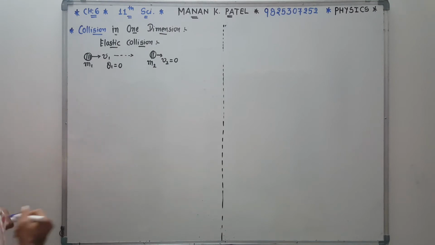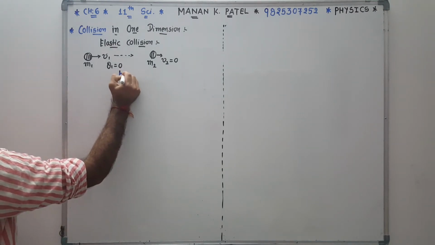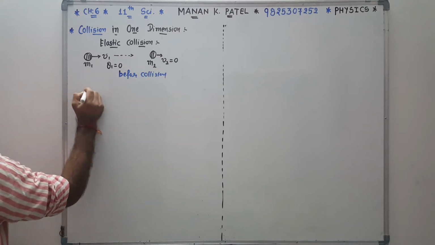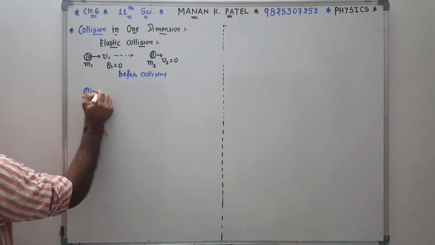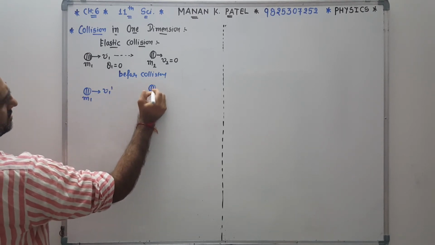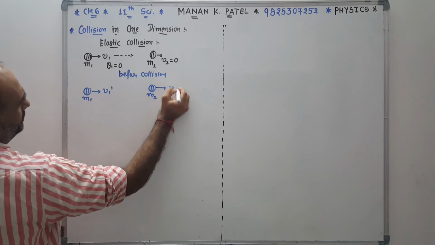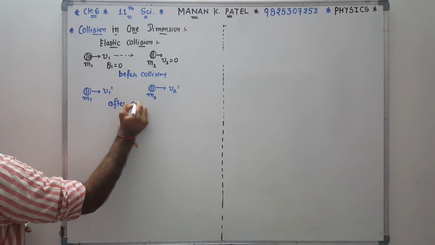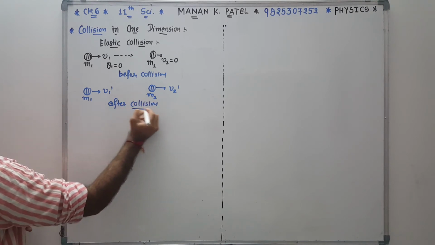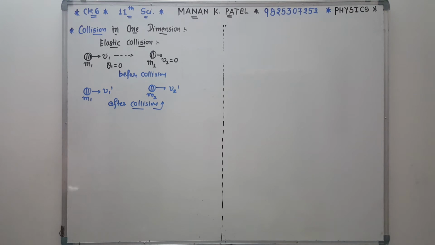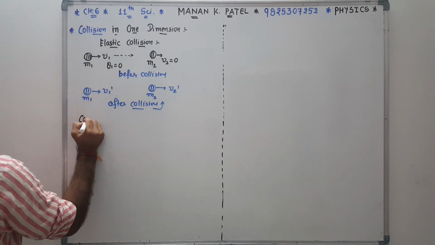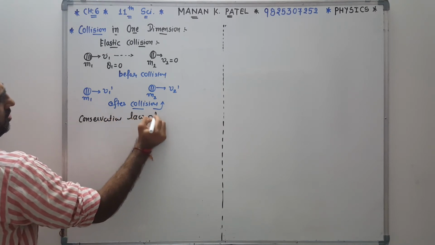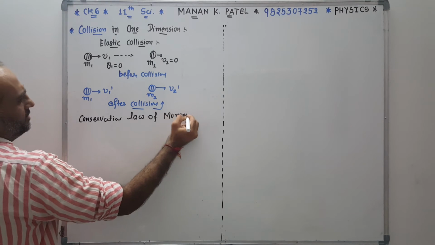So first of all, there is a before collision, and now m1 is as it is but velocity is v1 dash, m2 is as it is but velocity is v2 dash, angle is 0. That is the after collision condition. Okay, so again use the conservation law of momentum.